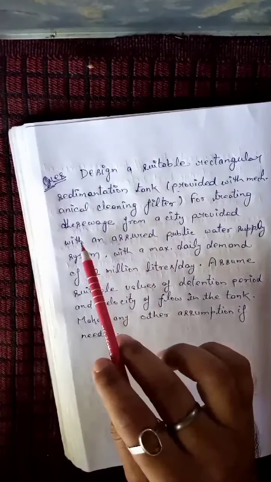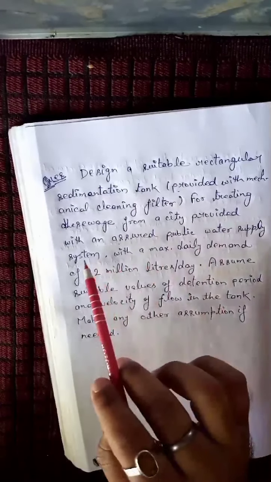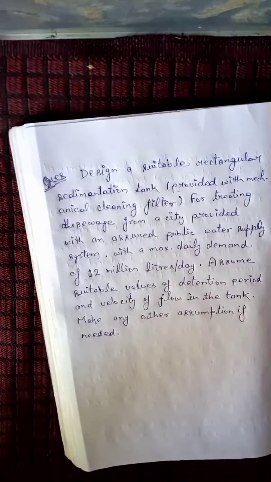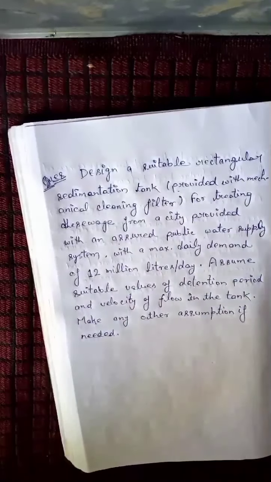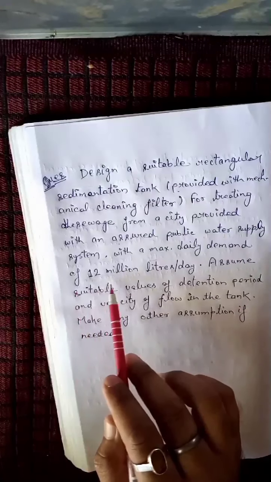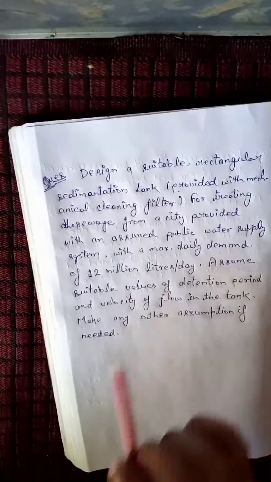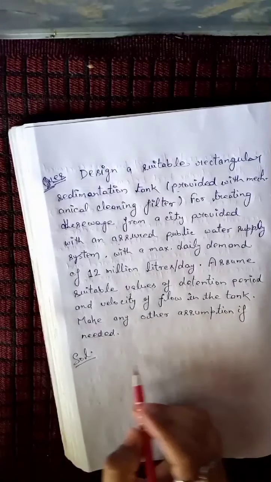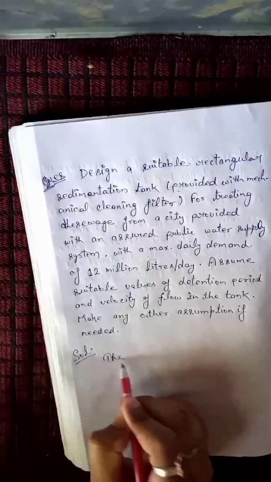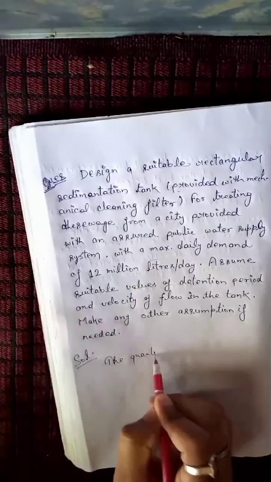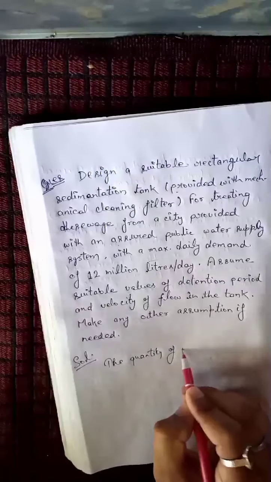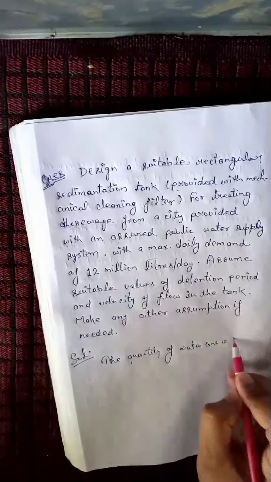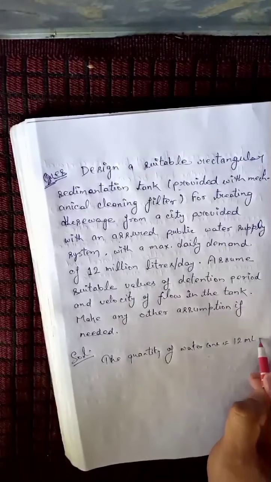Next, for treating the sewage from a city provided with an assured public water supply system. That means a city is given and a public water supply system of maximum daily demand of 12 million liters per day is given. That means the quantity of water consumption that is given is 12 million liters per day.